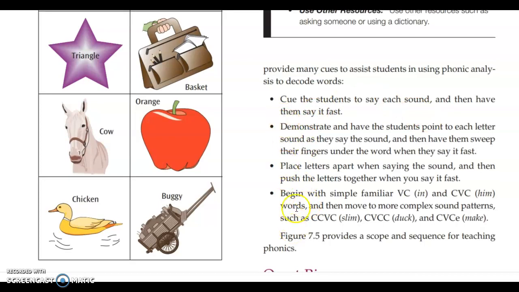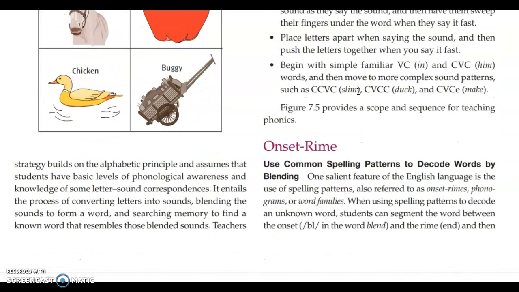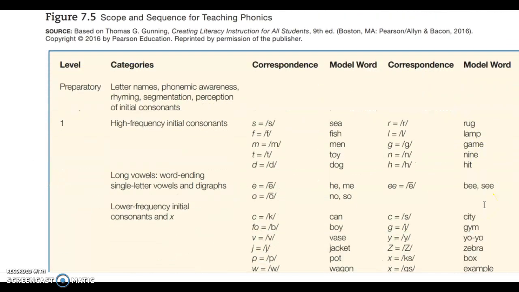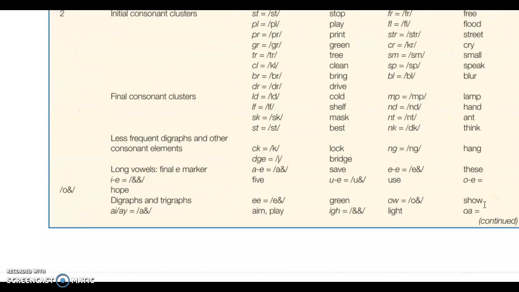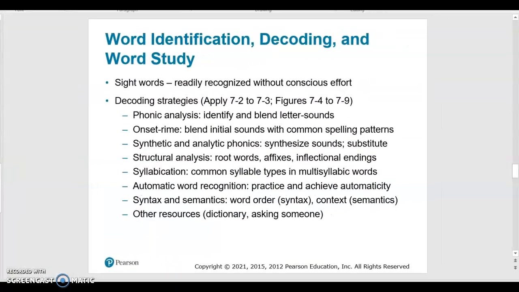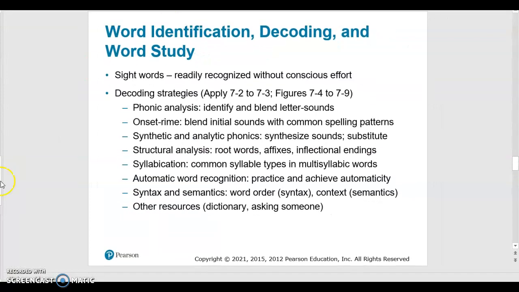And here's some examples of how you could assist the students in using phonic analysis to decode words. Okay, and then just keep looking through your textbook. There's some really good examples, as I said, as the chapters go on a little more into the textbook, which obviously, where else would the chapters be?